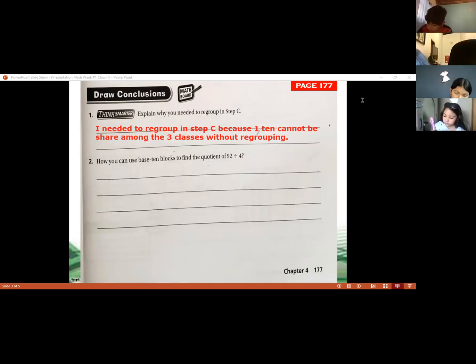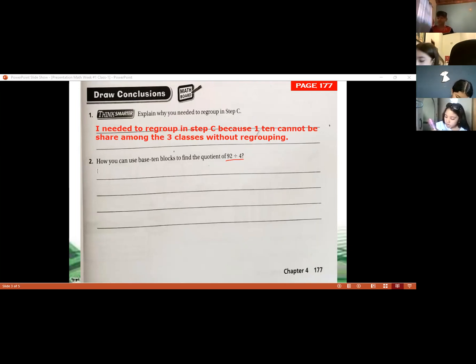Finished. Okay, number 2, how you can use base 10 blocks to find a quotient of 92 divided by 4, class. This is another division, 92 divided by 4. How can we use the base 10 blocks? How many groups can we create? We're going to have 4 groups. In 92, we can regroup as 9 tenths and 2 ones.